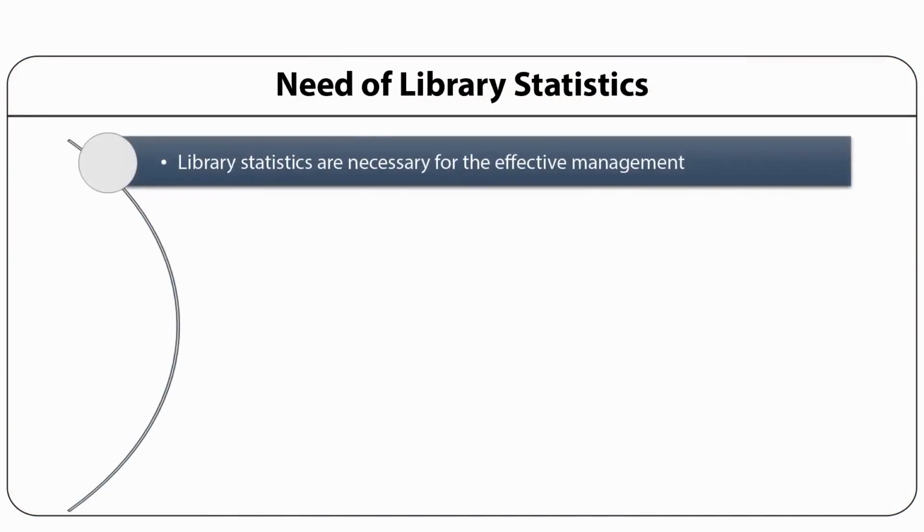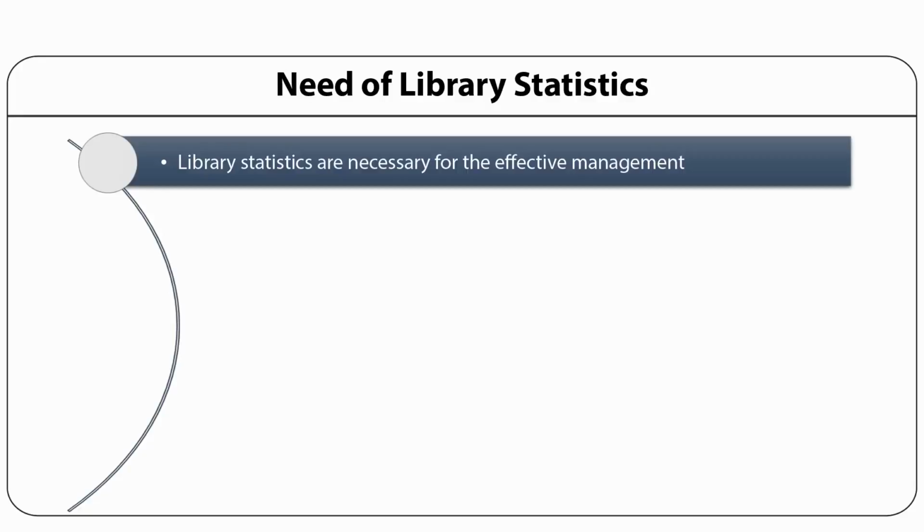Library statistics are necessary for effective management. Why do we say it? As I was telling you, libraries need to show that they are doing some value added activities. How can this value addition be judged?